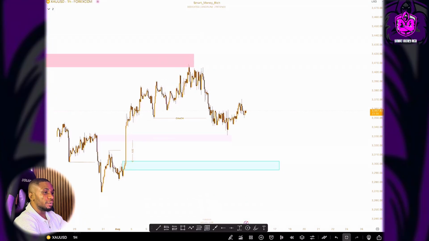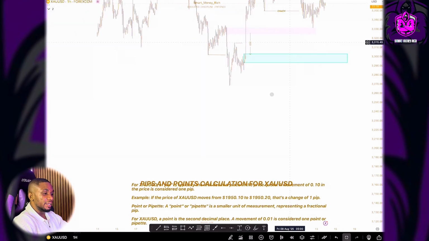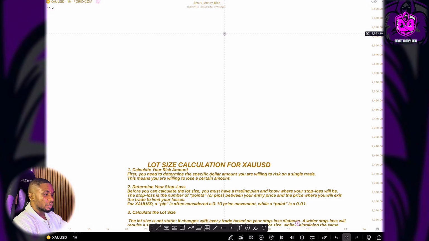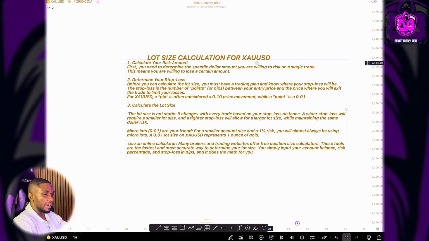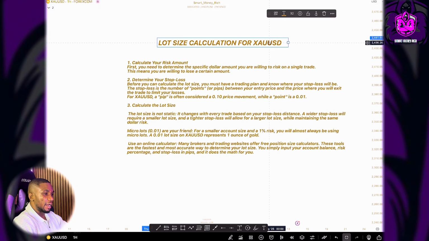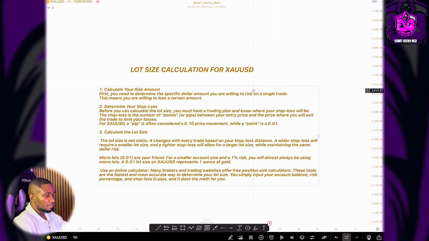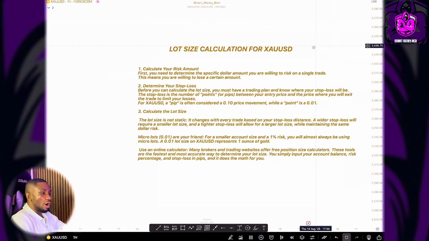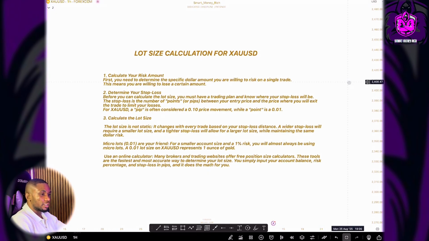So guys, what we'll be talking about right now is the lot size. So let's go over to the lot size. That's what we'll be talking about right now. Gold lot size, right? So guys, up next is gold lot size.